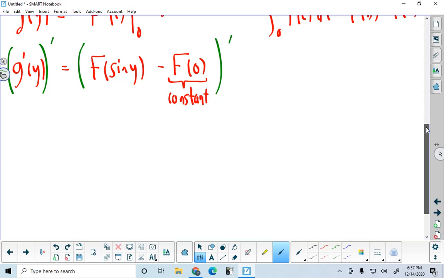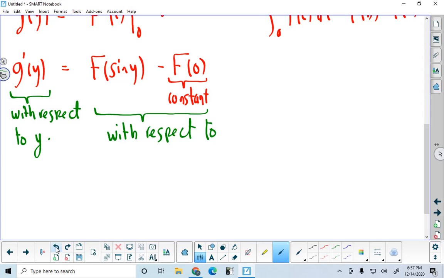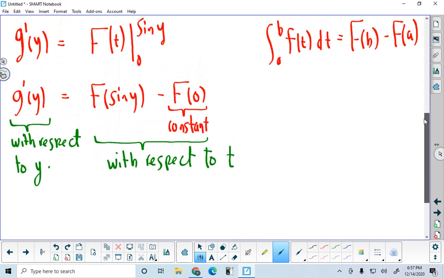And the reason is, and this is crucial, the stuff on the left side is with respect to y, because it's g of y. Y is the independent variable. But this stuff here is all with respect to t, because this is in reference to f of t if we follow that up.